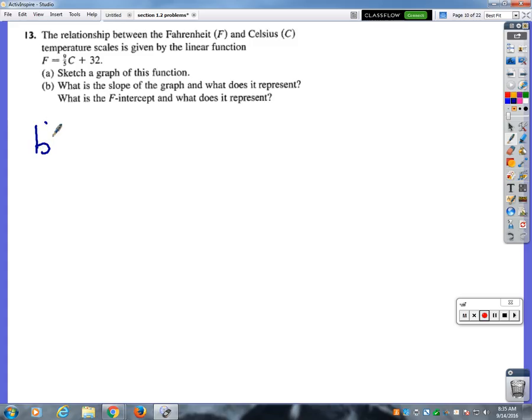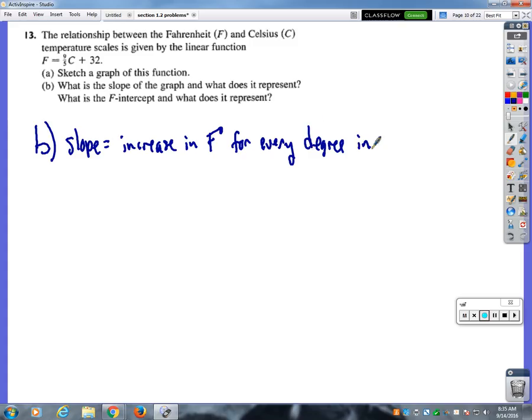Well, 9/5 is the conversion factor, isn't it? Yeah, so the increase in Fahrenheit for every degree Celsius increase.